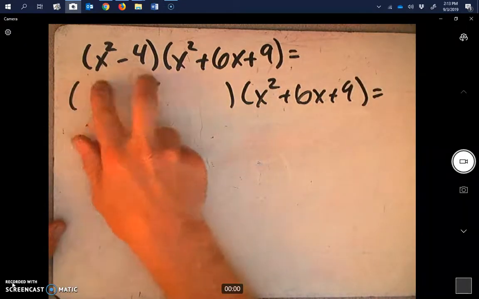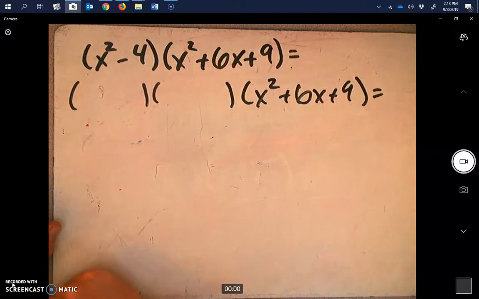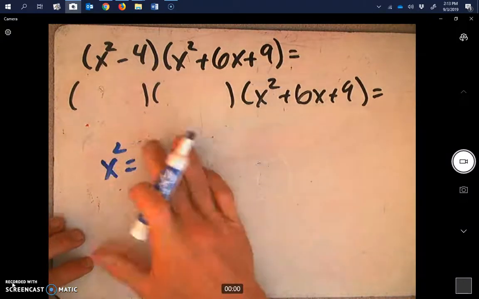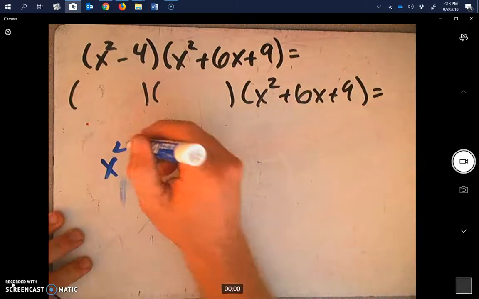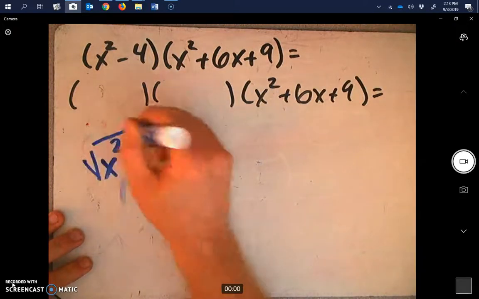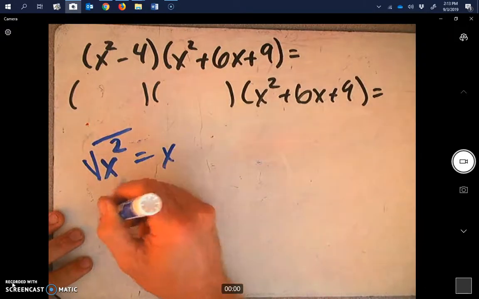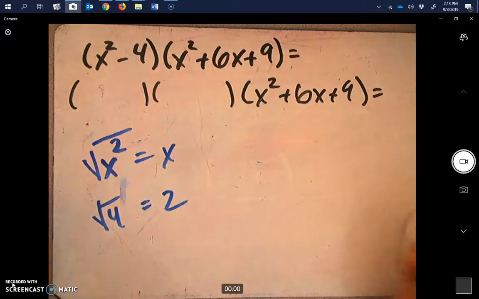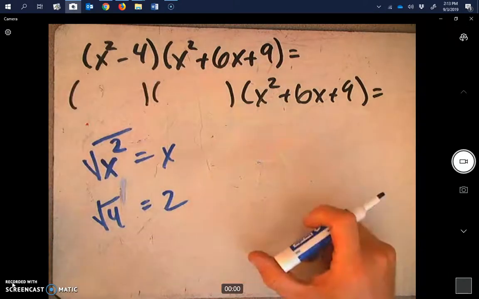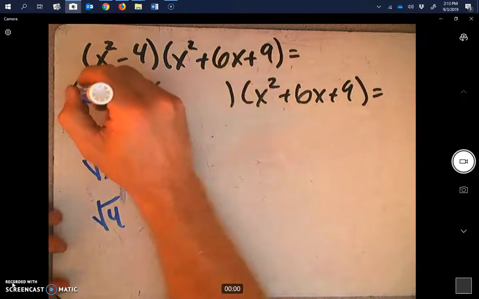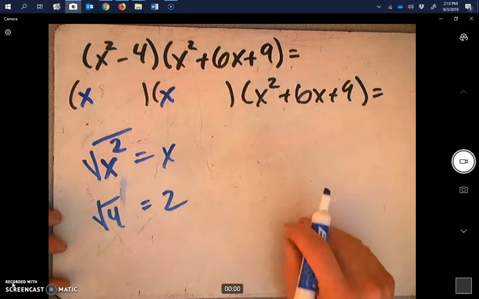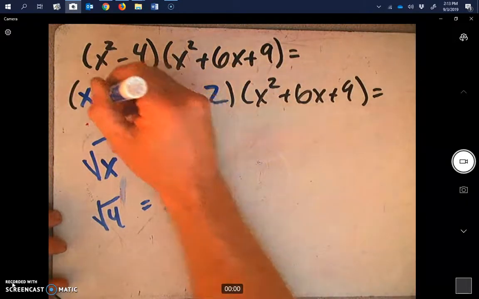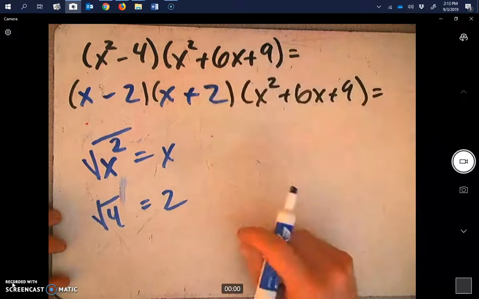So because both x squared and minus 4 can be square rooted, meaning the square root of x squared is equal to x, and the square root of 4 is equal to 2. So when it's like that, and there's a subtraction sign in the middle, what we end up with is x, and then 2 in both spots, and this becomes a negative, and that becomes a positive.